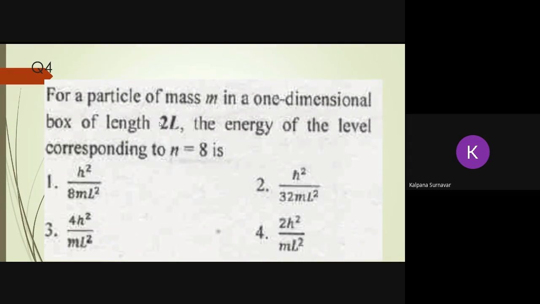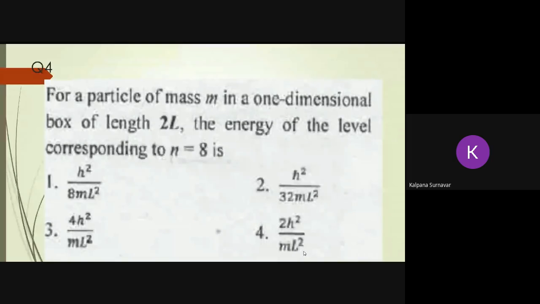One-dimensional box is there and the length of the box is 2L. The energy for n equal to 8, and the options are: first option is 8 divided by 8 ml square, second option is divided by 32 ml square, third option is 8 divided by ml square, and the fourth option is 2x square divided by ml square.